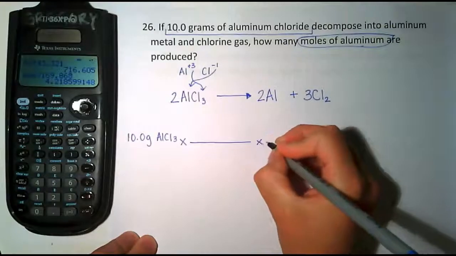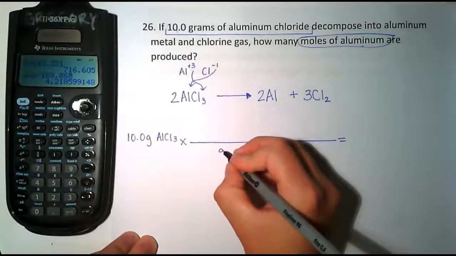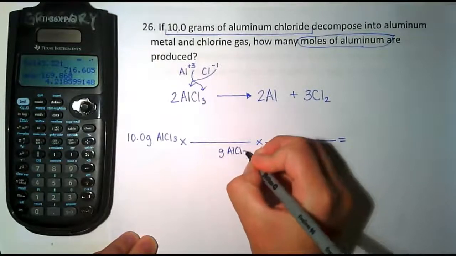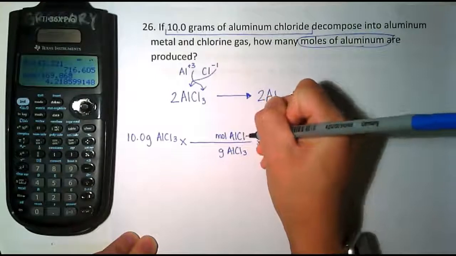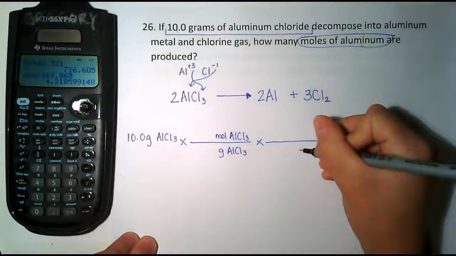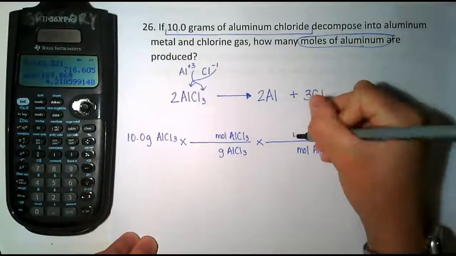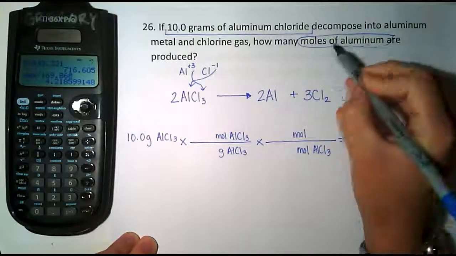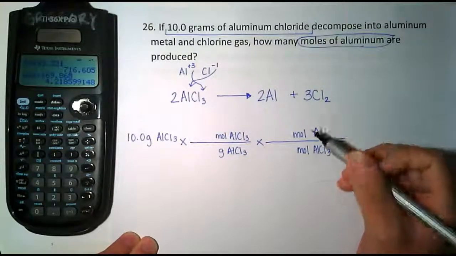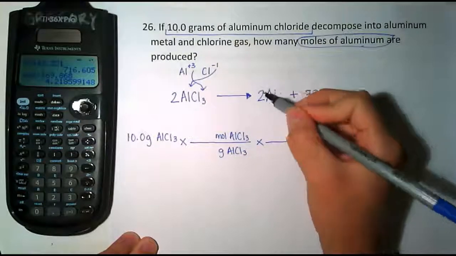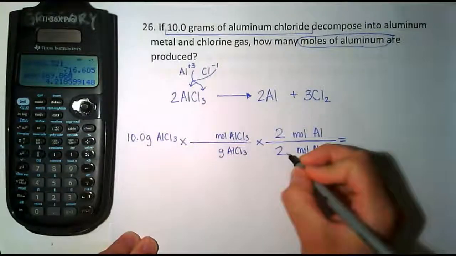Our first conversion factor is going to take grams of AlCl3 and convert it to moles of AlCl3. And our second conversion factor is going to take moles of AlCl3 and convert it to moles of our new substance, so moles of aluminum. To get our mole to mole ratio, we look at our equation. Moles of aluminum, we have 2 moles of aluminum, and moles of AlCl3, we have 2 moles of AlCl3.